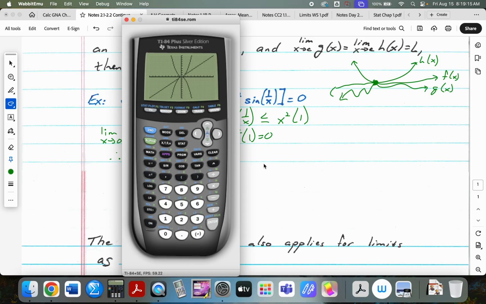So the graph of x squared times sine of 1 over x, let's zoom in. Maybe we can see this a little bit better. So there's negative x squared. There's positive x squared. And what this does is it gets trapped in between these two.